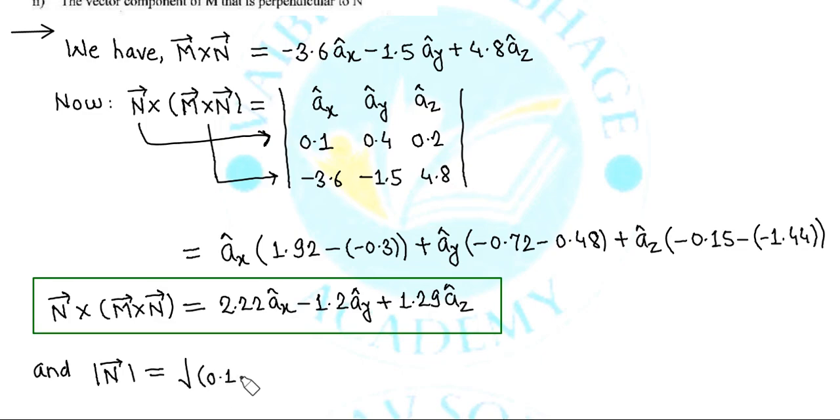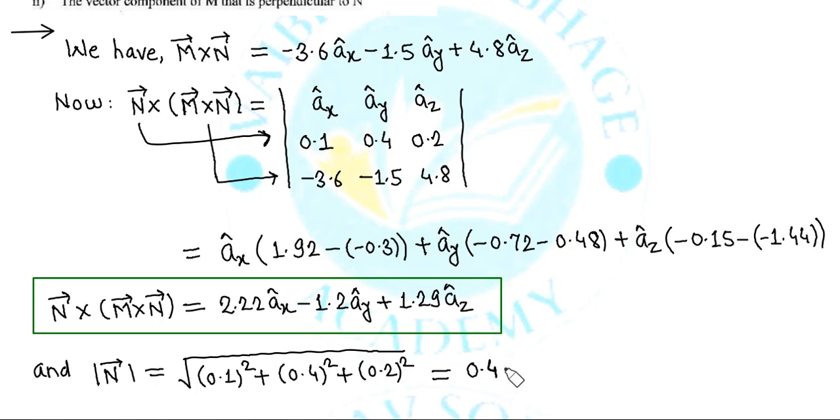So we have the magnitude of n equals the square root of 0.1 squared plus 0.4 squared plus 0.2 squared. After simplification, you will find that the magnitude of vector n is equal to 0.4582.